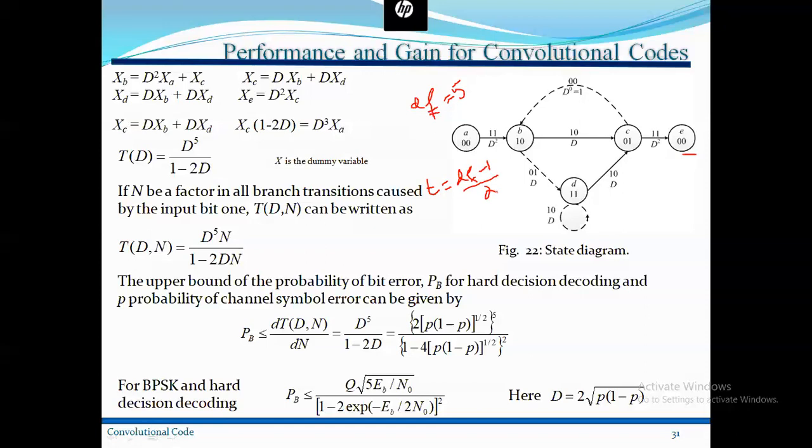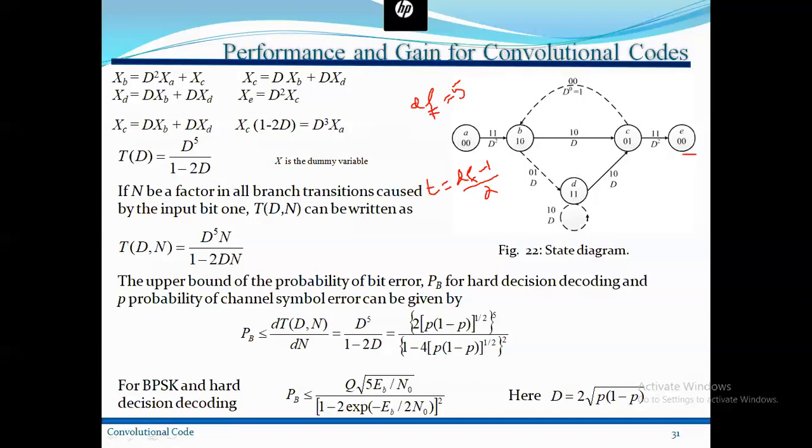Now let's see how we can write the transfer function of this convolution coder. So for XA, how many paths emerge? There is no path that converges to A state.